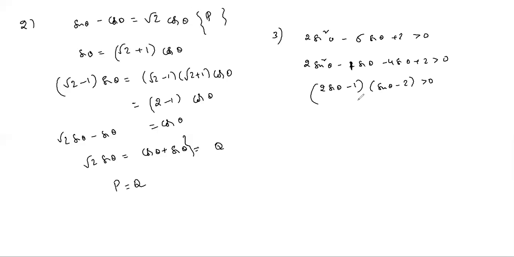Two sin theta minus 1 into sin theta minus 2 greater than 0. What is sin theta minus 2? Always positive or negative? Negative.